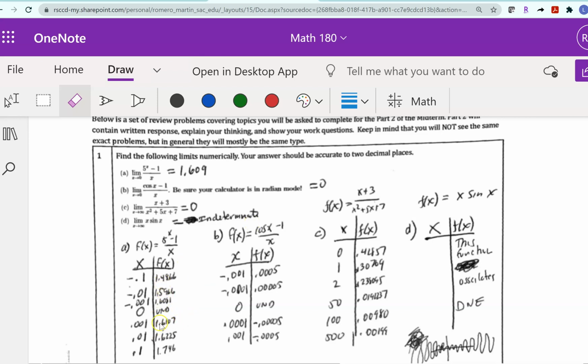And so you can see it looks like I'm getting closer to, as we get there, 1.608, 1.610, right? You can then come to some number. It depends on the values you're plugging in, but it's the process of plugging in values close to what it's approaching. This one's also going to 0, and you can see it looks like this approaches 0 also as I plug in values closer and closer to 0.